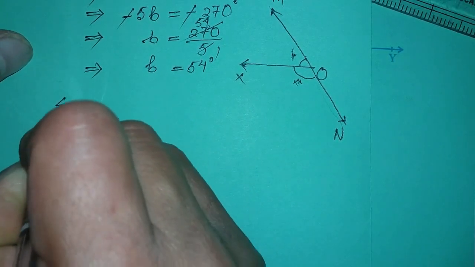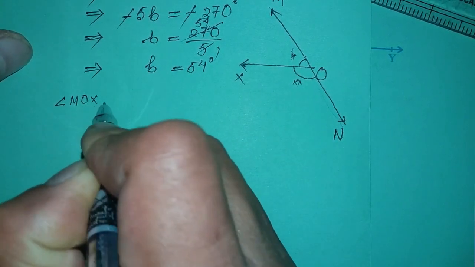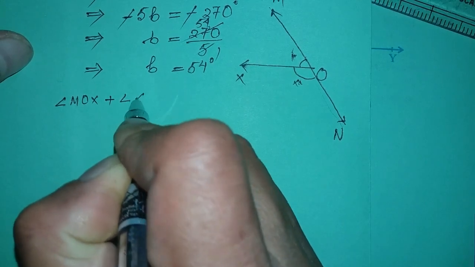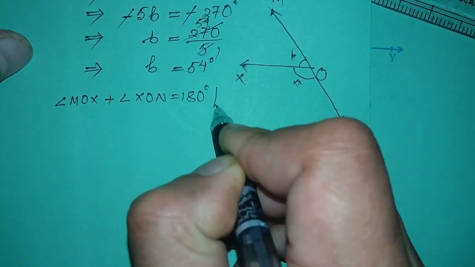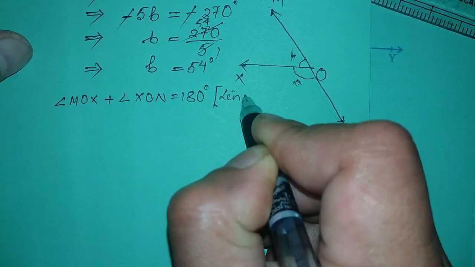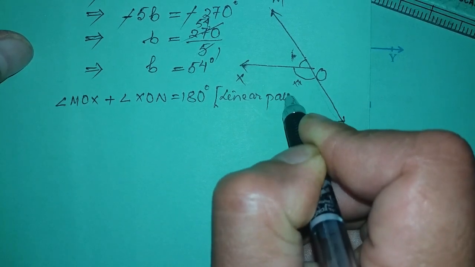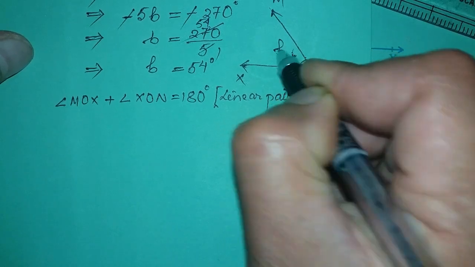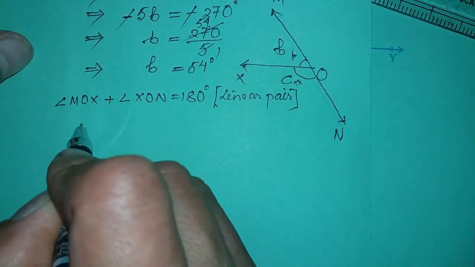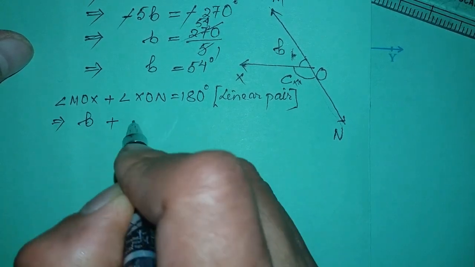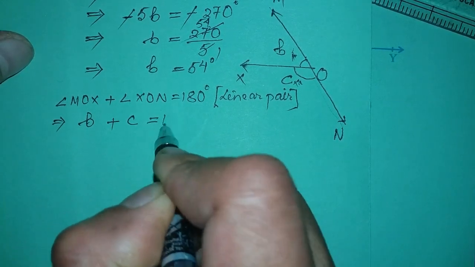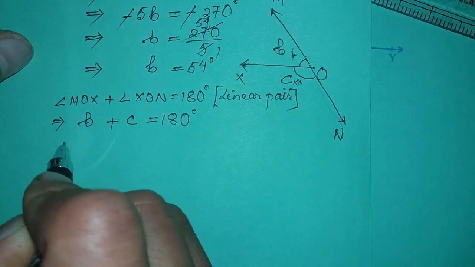Now angle MOX plus angle XON is equal to 180 degree. Again, the reason is these two form a linear pair, and this is B, this is C. So we have here MOX is B and XON is C. This is equal to 180 degree.